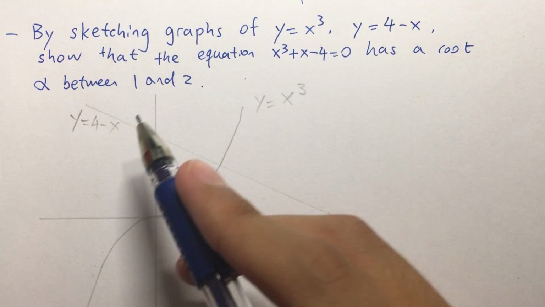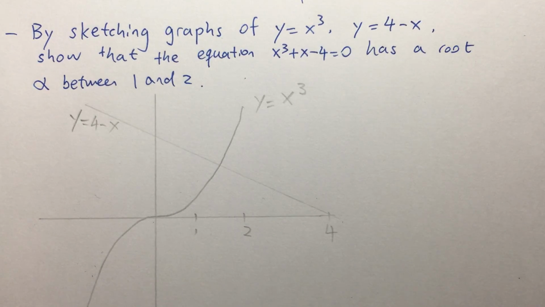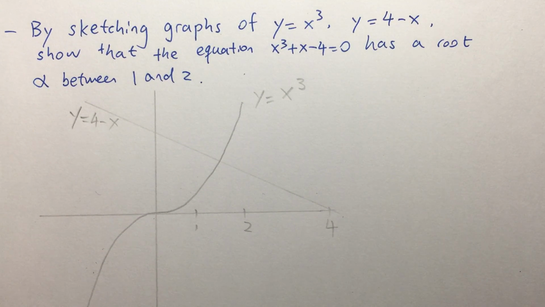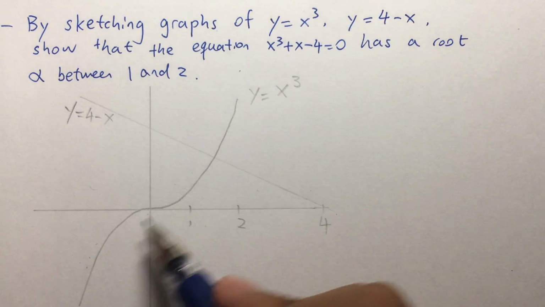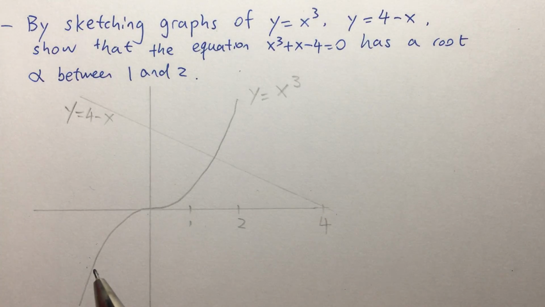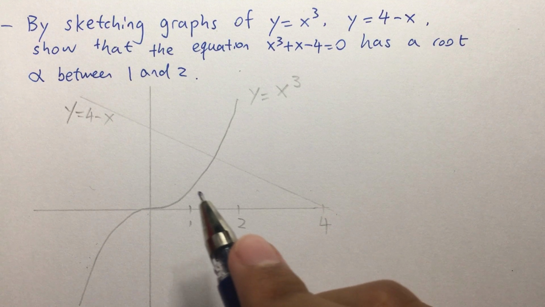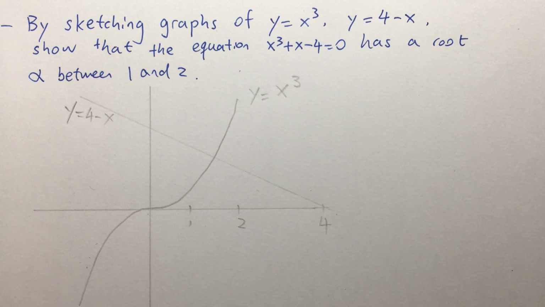Now let's try this question: by sketching graphs of y equals x cubed and y equals 4 minus x, show that the equation x cubed plus x minus 4 equals 0 has a root alpha between 1 and 2. The key point here is that you should sketch the graph quite accurately, otherwise you won't get the correct solution.